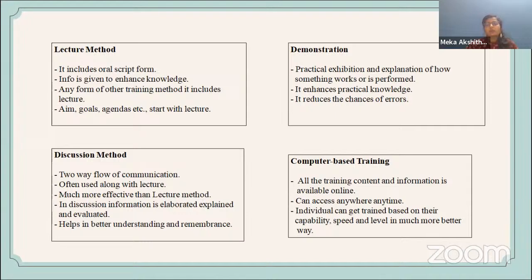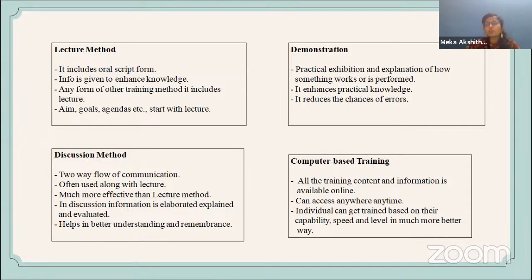Any of the other methods, either computer-based training or on or off-job training methods, include lecture as a part of it. But sometimes lecture becomes boring because there would be only oral communication involved, right? So if the lecture is paired with other kinds such as discussion or demonstration, wherein you can view, for example, the slides, as in you are able to look at it, right? Whenever I am speaking, if you have something to focus on, then it would be more interesting.